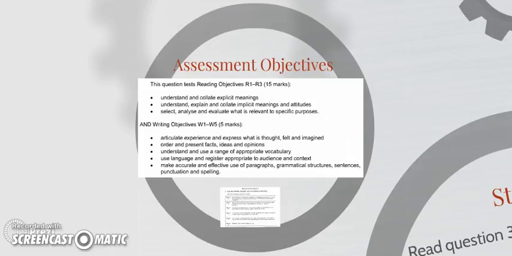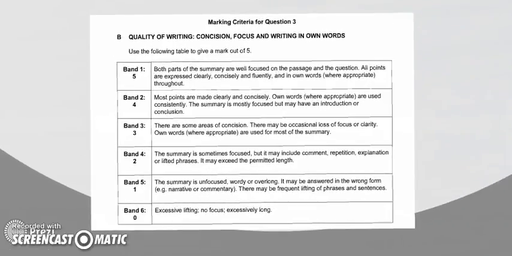Okay, the writing objectives. Again, I don't think there should be anything that you don't understand from that, and that is for part B, which is 5 marks. Part A is worth 15 marks, and for that it's mainly to do with ordering your ideas, using the correct vocabulary, making sure you do those basic skills such as paragraphing, things that you should have been doing for years.